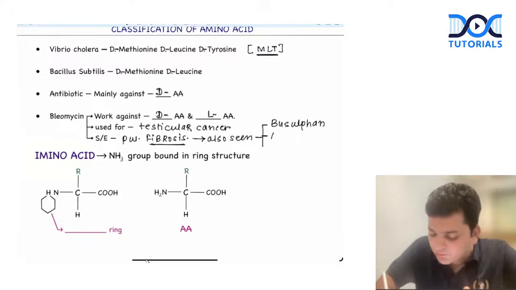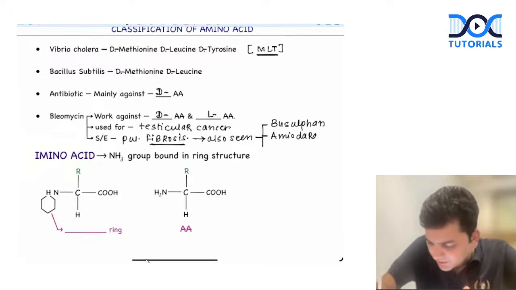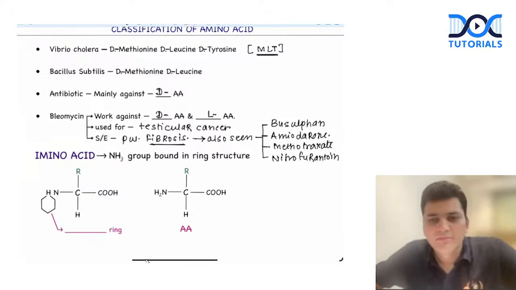Amiodarone, nitrofurantoin. Can you tell me one DMARD? Yes, methotrexate. So these are the 5 very important drugs which lead to pulmonary fibrosis: bleomycin, busulfan, amiodarone, methotrexate, nitrofurantoin.